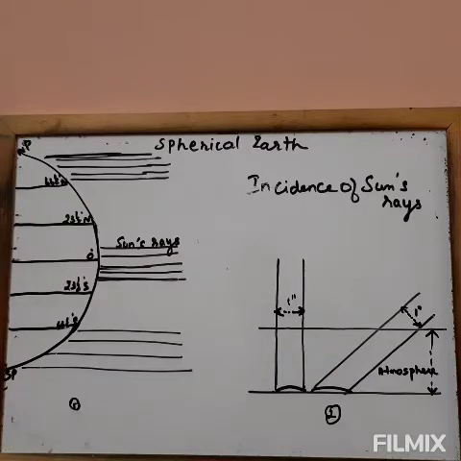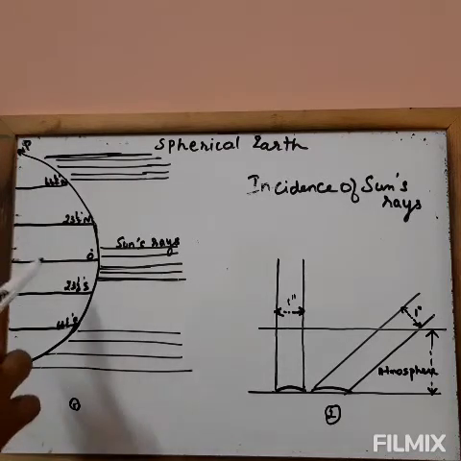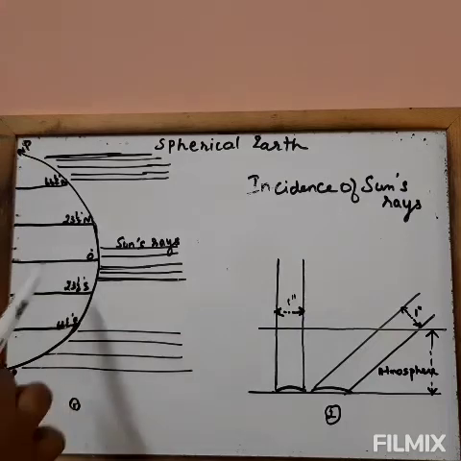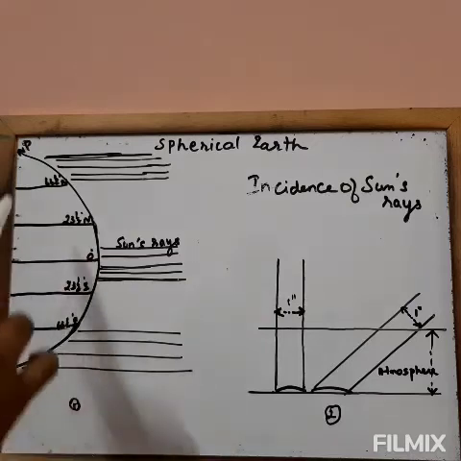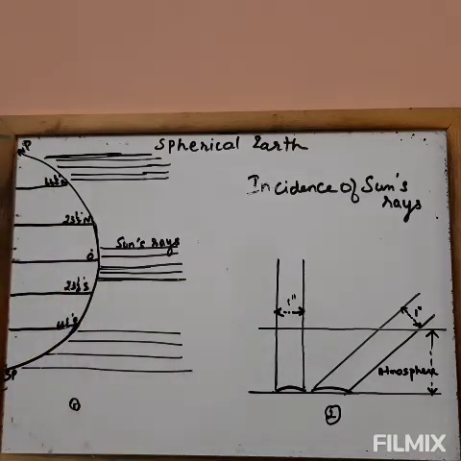The spherical shape of the earth introduces changes in the horizontal distribution of insolation between latitudinal zones. So you have the torrid zone, then the temperate zone, then the polar zones. So the earth is divided into different temperature zones or climatic zones depending upon the rays or temperature received from the sun.